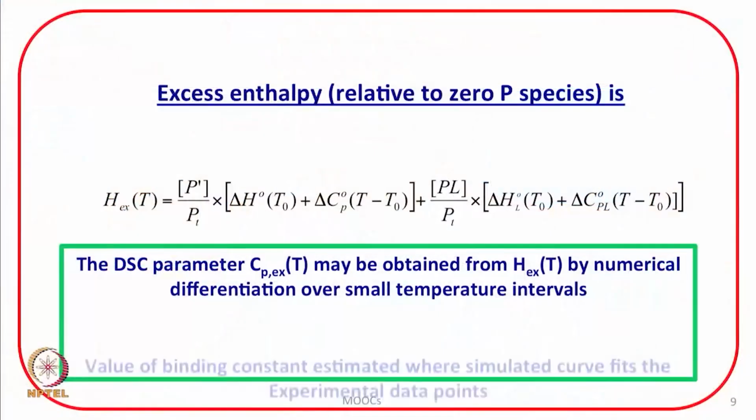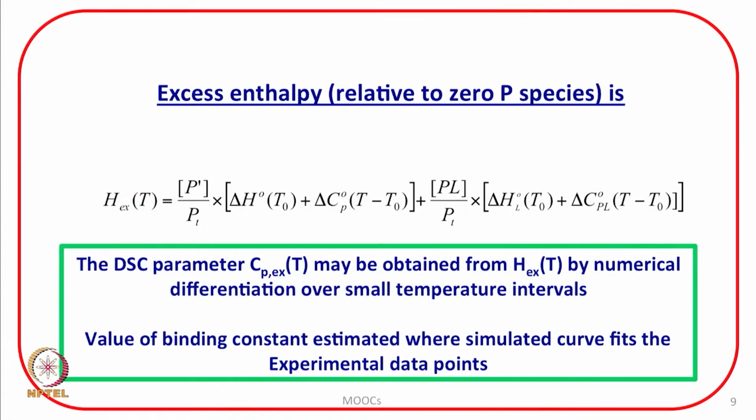And that is what is written in the next comment. The value of binding constant is estimated where the simulated curve fits the experimental data points.